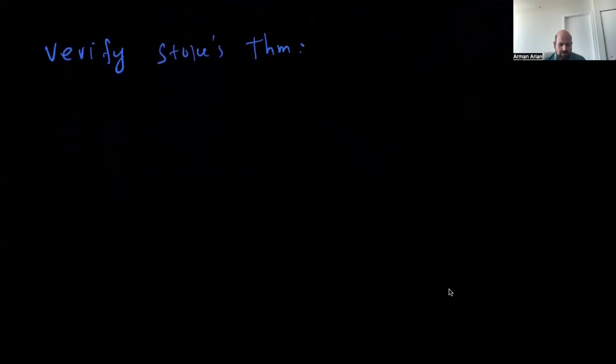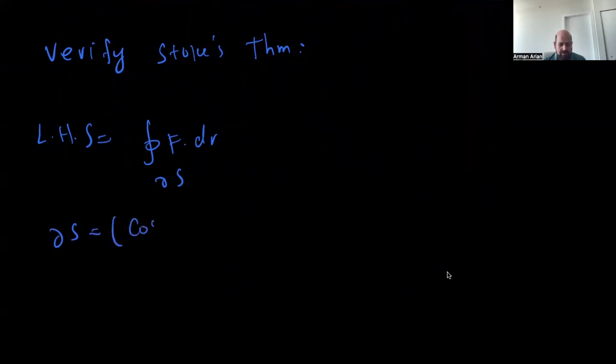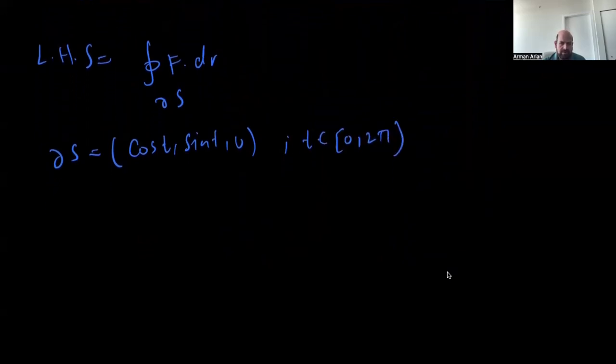So again, we can calculate the left-hand side. Left-hand side would be the integral of F dot dr on the boundary of S. So if you parameterize the boundary of S, it would be cos t, sine t, and 0, with t belonging to 0 to 2 pi. So this is oriented again counterclockwise.